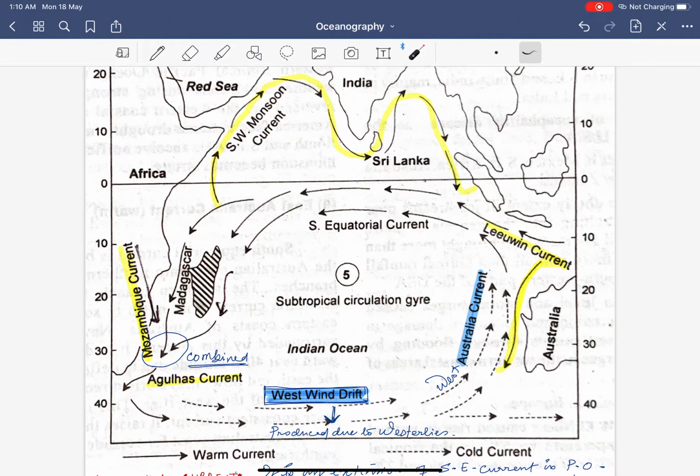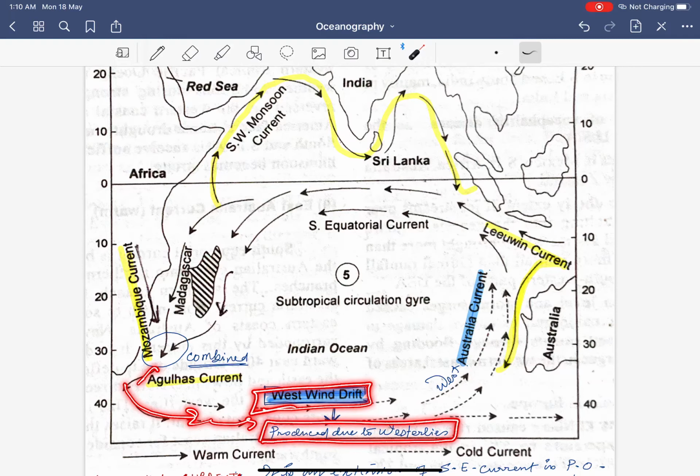This south equatorial current is nothing but the extension of the southern equatorial current from your Pacific Ocean. When it clashes at Madagascar, it leads to your Mozambique current and your Agulhas current. The Mozambique current and Agulhas current combine, and again they result in your west wind drift.